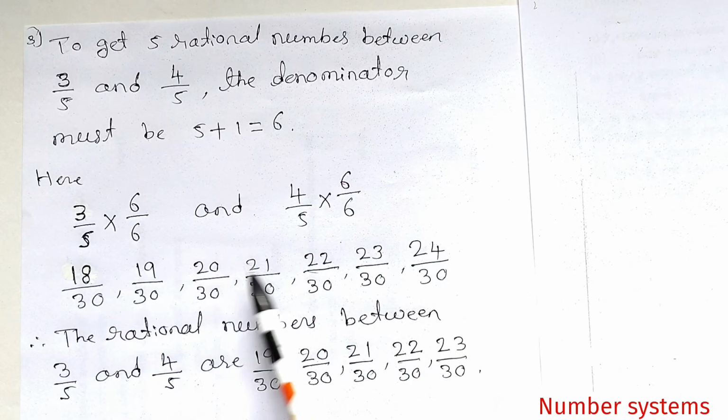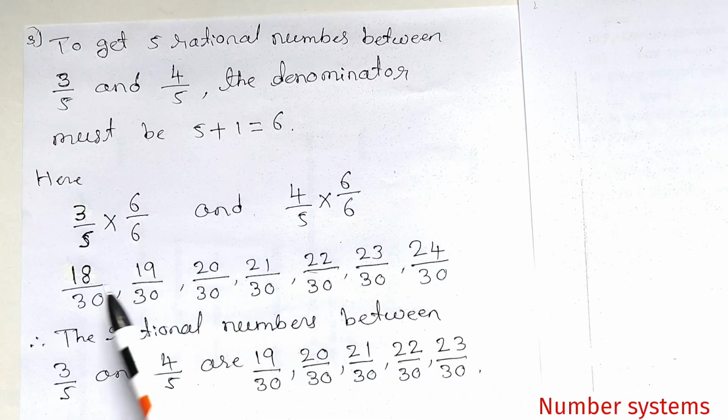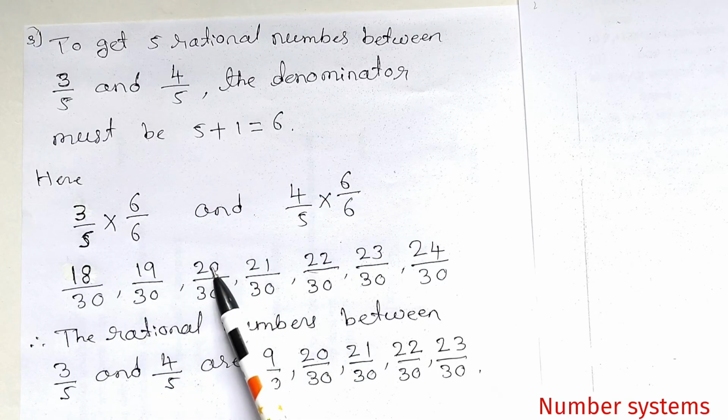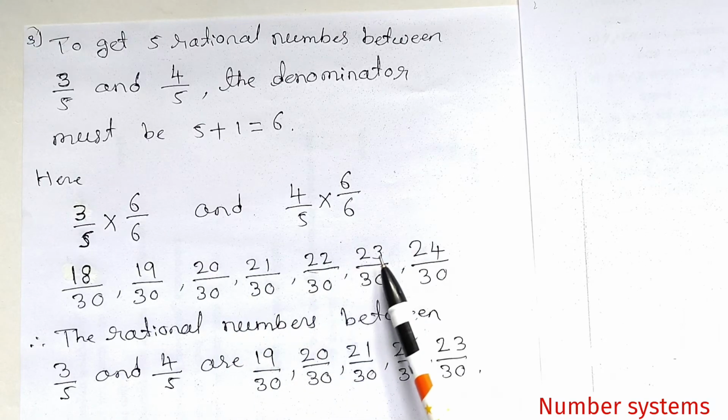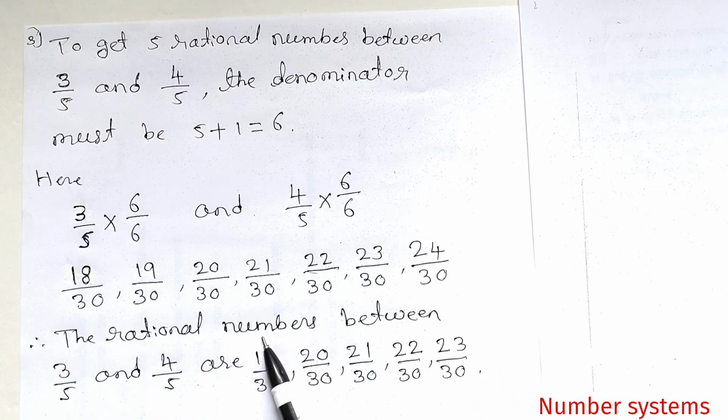Between these two numbers I am writing a few rational numbers, that is after 18 by 30: 19 by 30, 20 by 30, 21 by 30, 22 by 30, 23 by 30. Dear students, the rational numbers between 3 by 5 and 4 by 5 are 19 by 30, 20 by 30, 21 by 30, 22 by 30, 23 by 30.